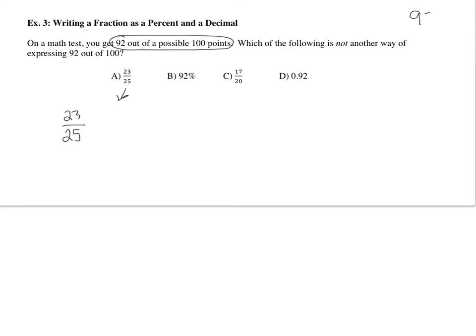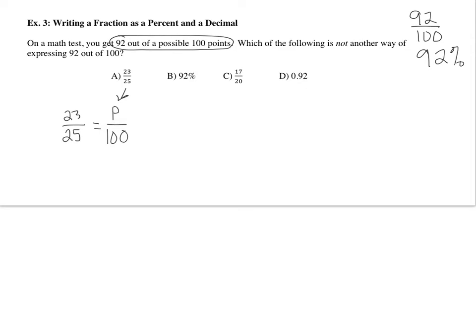Well, if you got 92 out of 100, remember percents mean out of 100. So this is equivalent to 92%. And that'll help us identify some of those equivalencies. But here, what we're trying to figure out is, okay, I've got 23 over 25. I want to know what percent that would be. What's my score? So there's going to be this missing amount here we don't know.